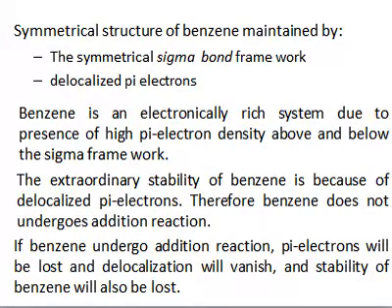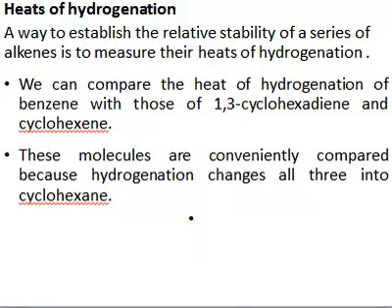So whenever you are asked why benzene does not undergo addition reactions, it is because benzene is a stable molecule because of its delocalization of pi electrons. If addition reactions occur, pi electrons will be lost, so delocalization will be lost and the stability will be lost too. So now let's consider the heat of hydrogenation, right?